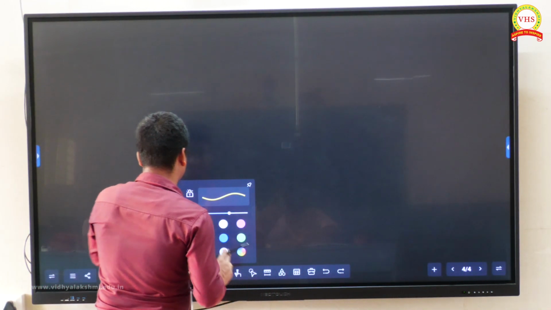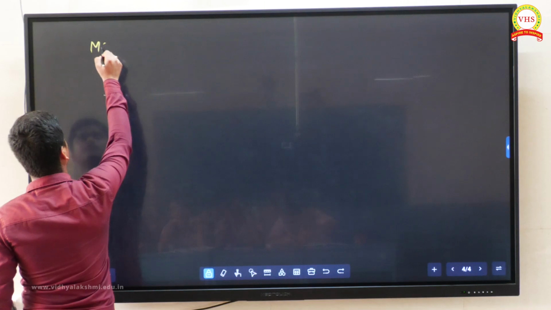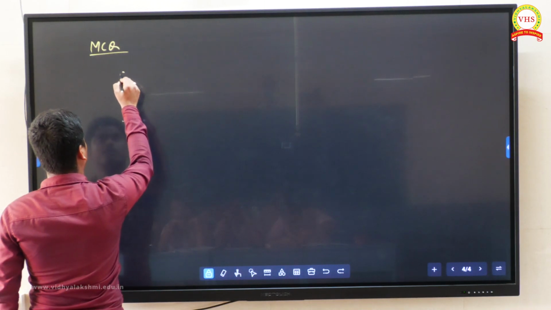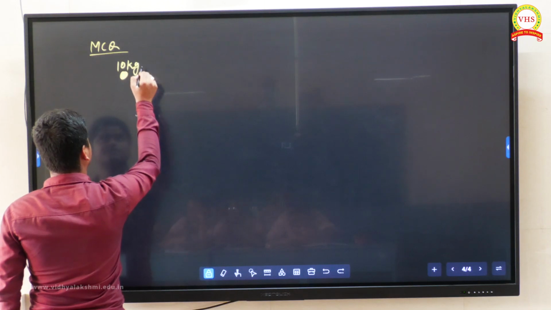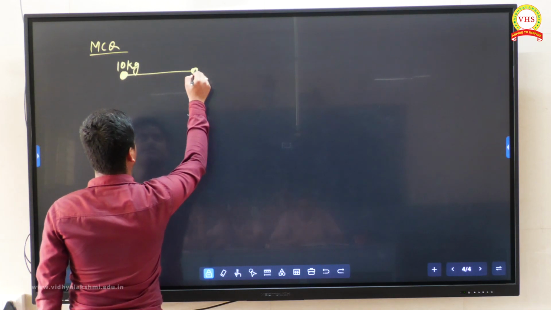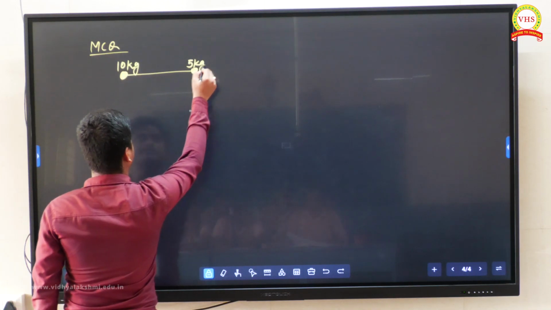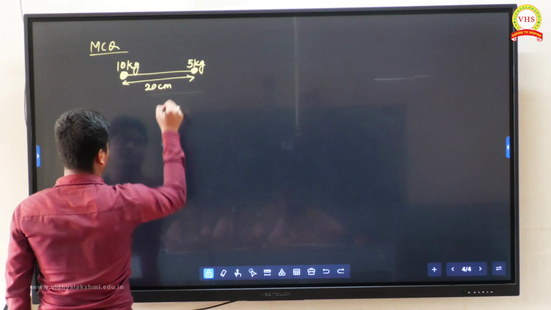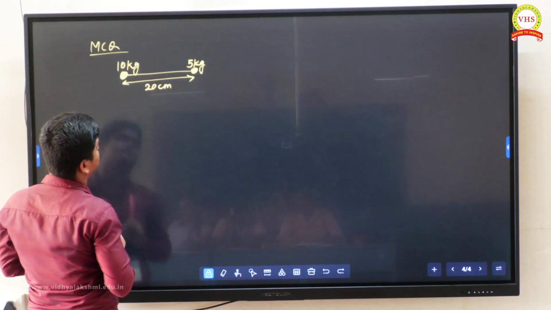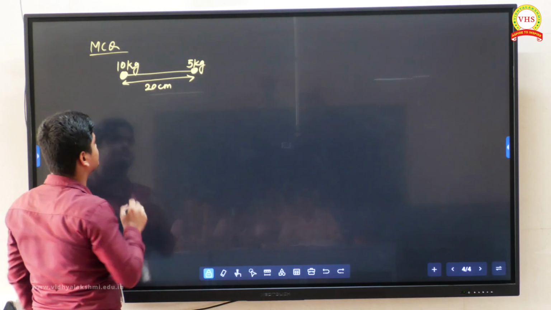Now come to the point. Questions will be like this. Let's take an MCQ here. One object is there, mass 10 kg. And another object is here, mass 5 kg. The distance from here to here is 20 centimeter. Clear idea? 10 kg, 5 kg.